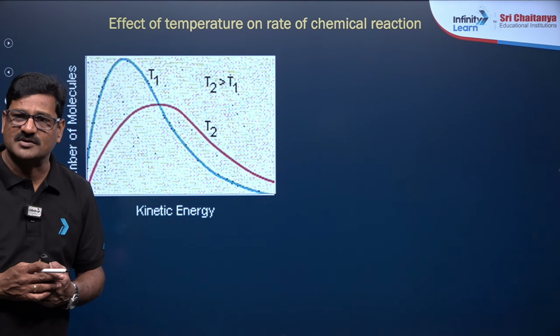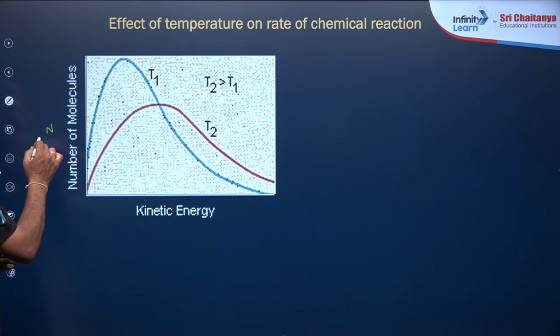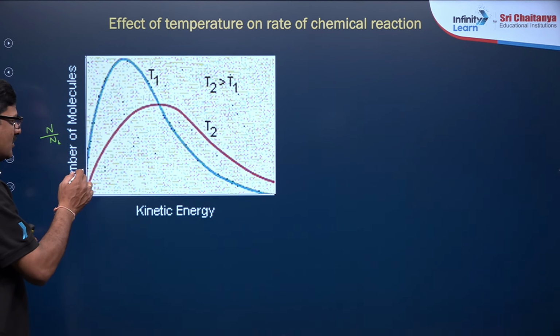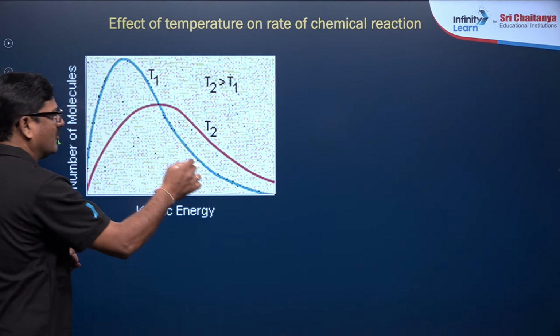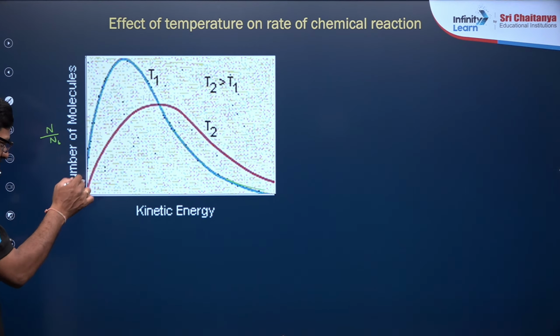Maxwell-Boltzmann molecular distribution curve says, if you draw a graph between the fraction of molecules, that is N by N naught, and the kinetic energy, according to kinetic molecular theory, it is going to be up and down. It never tends to zero.